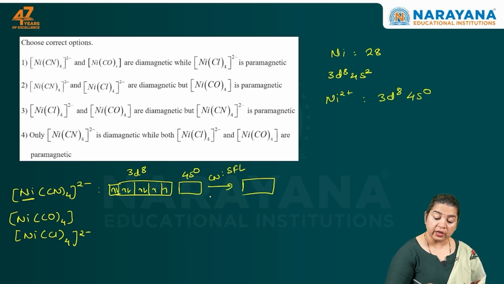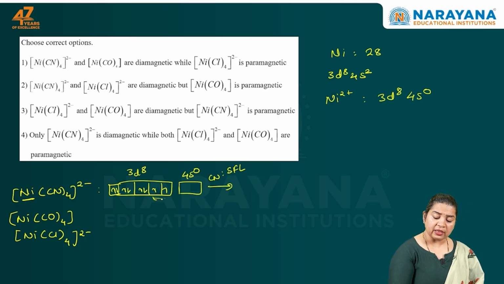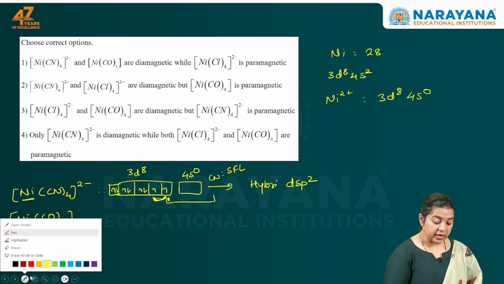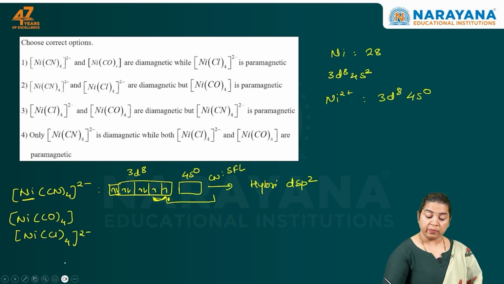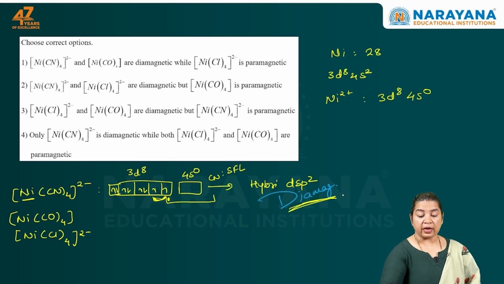So you can see that pairing will happen, and my hybridization will be dsp2. As you can see, no unpaired electron is left, and if no unpaired electron is left, we will report this as diamagnetic. This compound for us will be diamagnetic.